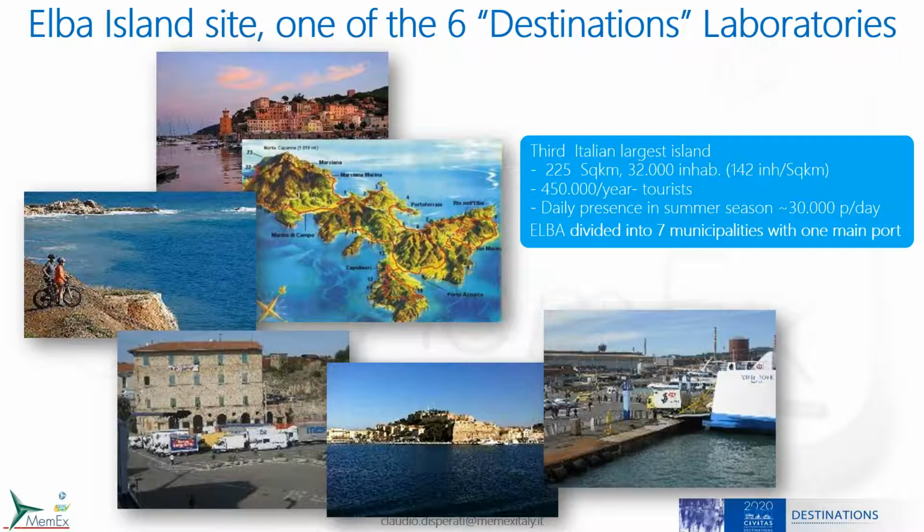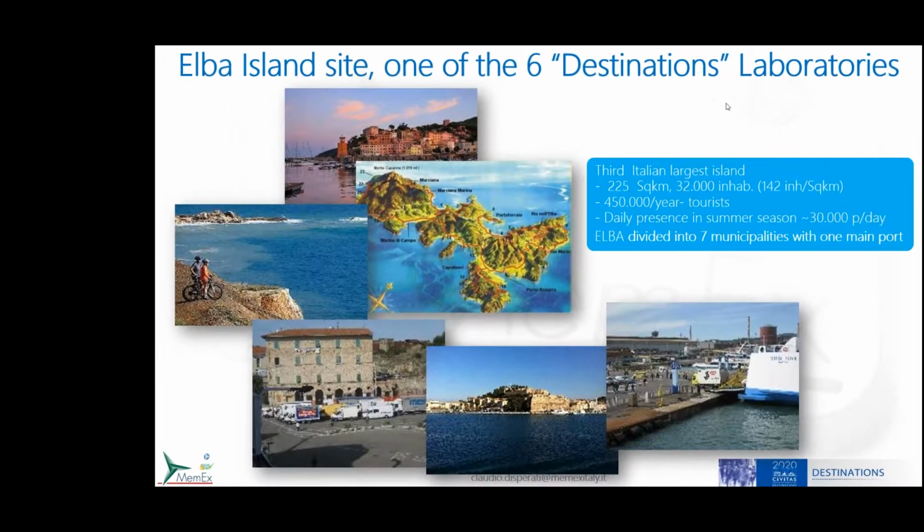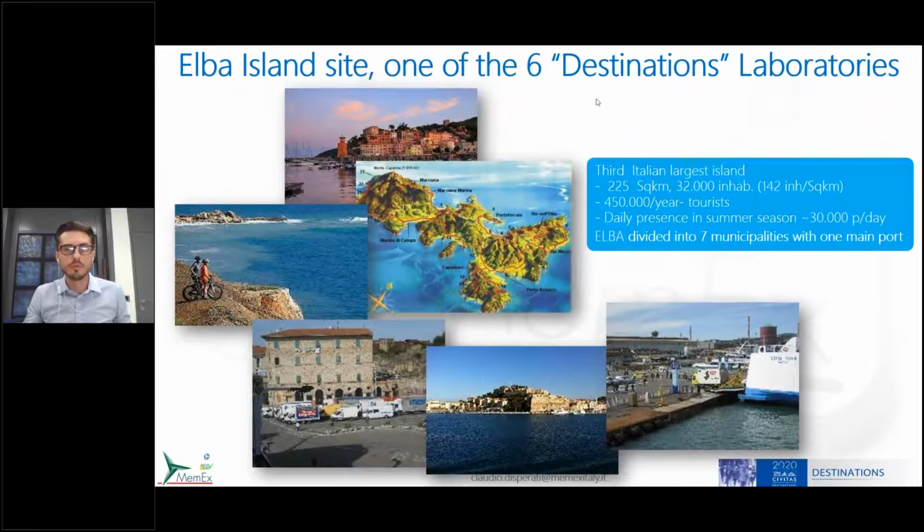In this context, we have monitored several services in several areas. In particular, we have monitored the mare bus service in the Portoferraio and Rio municipalities, and we have also monitored the Chicchero service, which is a seaboat service in the Gulf of Portoferraio.